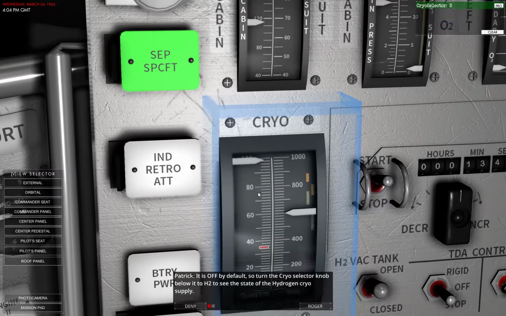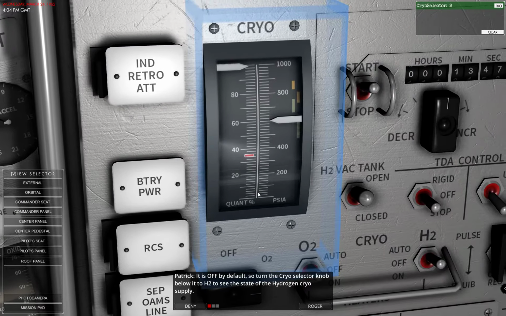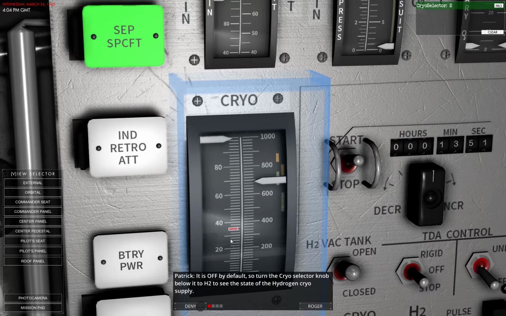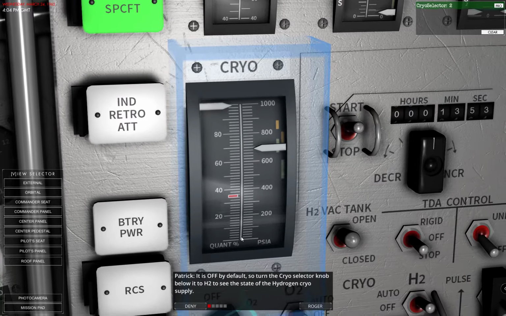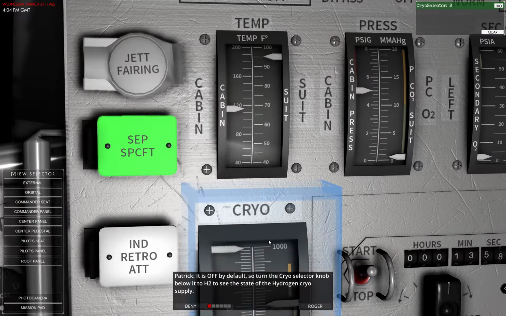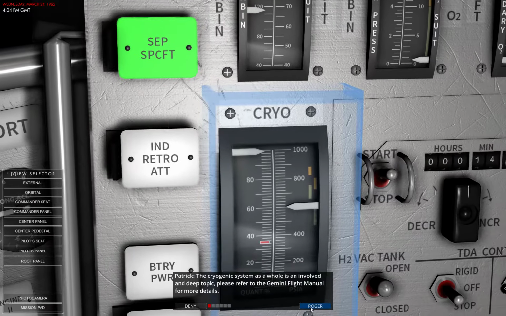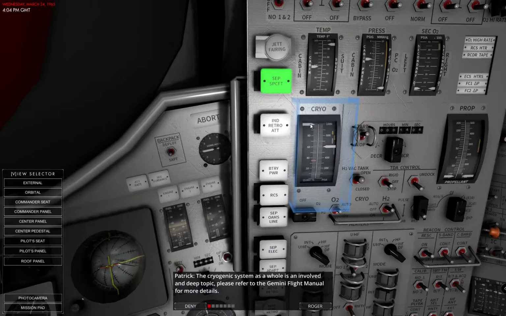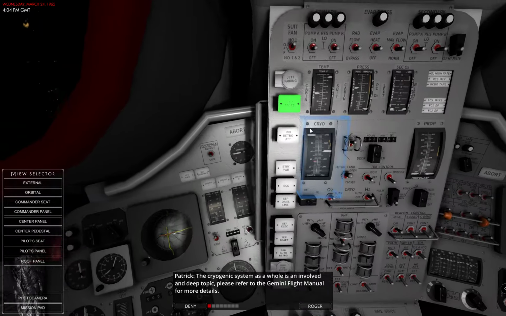Okay, so for H2 we have full quantity of hydrogen and full quantity of oxygen as well, but a little bit higher pressure. That makes sense. The cryogenic system as a whole is a deep topic, please refer to the Gemini flight manual for more details.